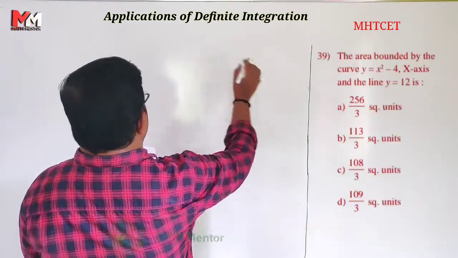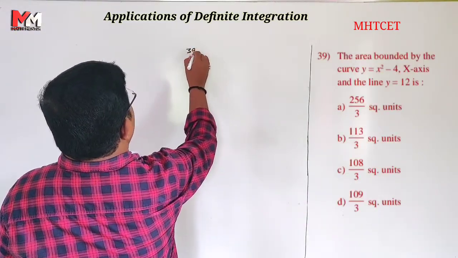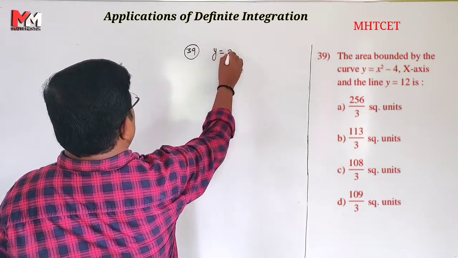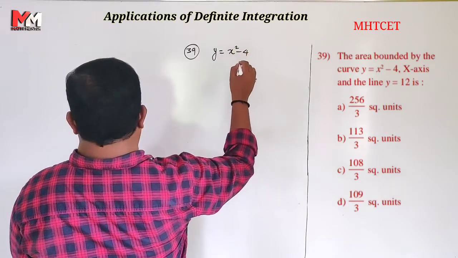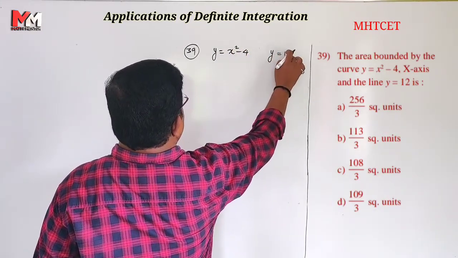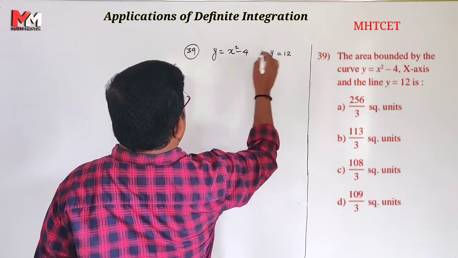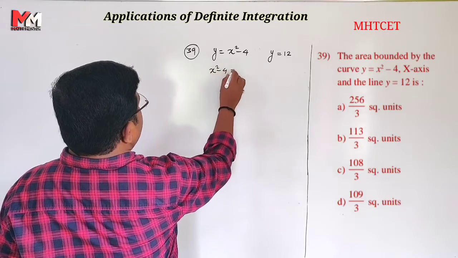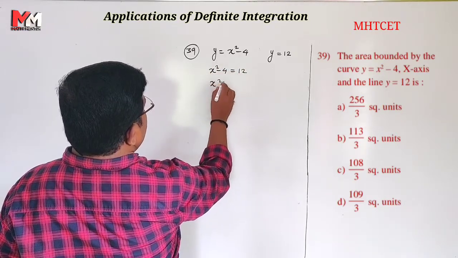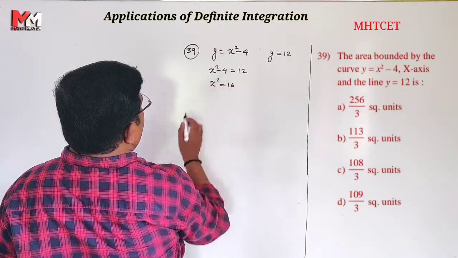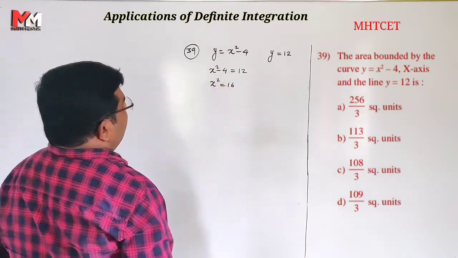39. So this is one type of parabola. The area bounded by the curve y is equal to x square minus 4, and the line y is equal to 12. If y is equal to 12 then x square minus 4 is equal to 12, so x square is equal to 16.